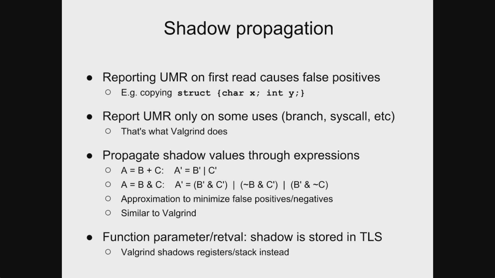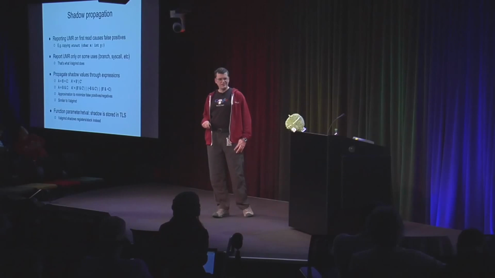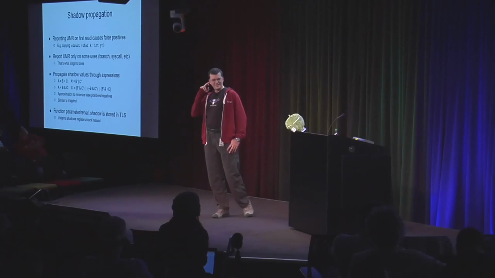So who knows what is the size of this struct? No one? 8 bytes, correctly. So this struct is 8 bytes because there is a hole due to alignment. You have 1-byte object, then 3 bytes of nothing, and then a 4-byte object.